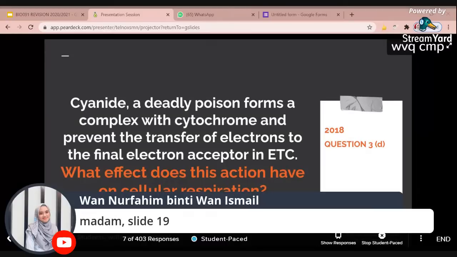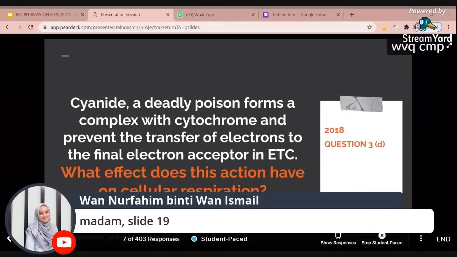Right? And then bila tak ada proton motive force, so ATP tak boleh produce lah. So kita kata no ATP produce. Right?